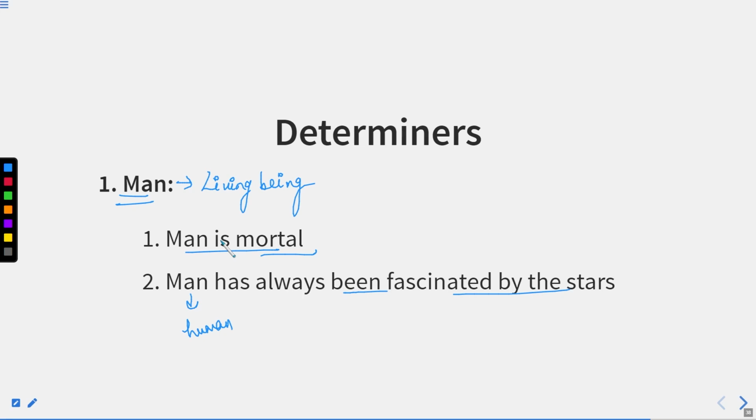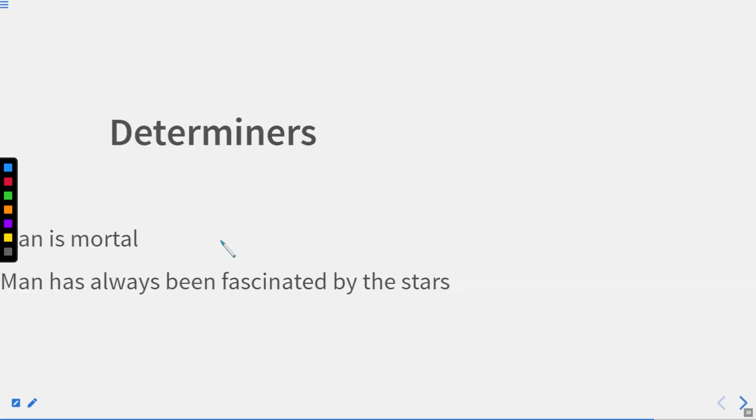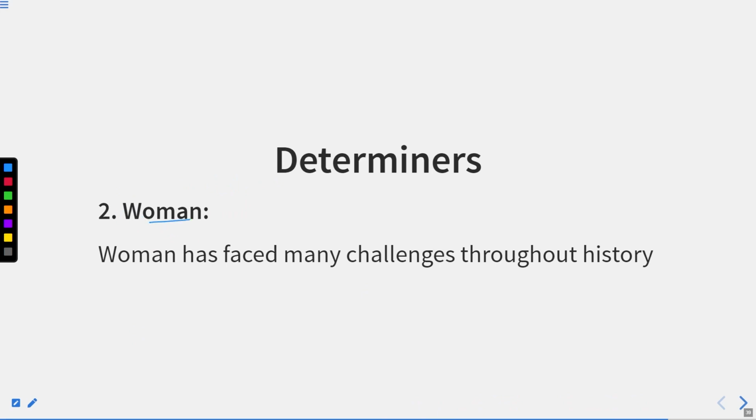But I cannot say the fish lives in water. That is incorrect, because there I'm using fish for all the animals that live in water, that are aquatic animals. Now let us move on. If we have the word woman, again, woman has faced many challenges throughout history. Now here we are not talking about a single woman. In fact, I'm talking about all the women. Therefore, we cannot use the before it.